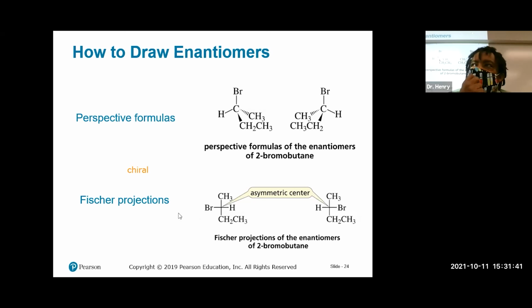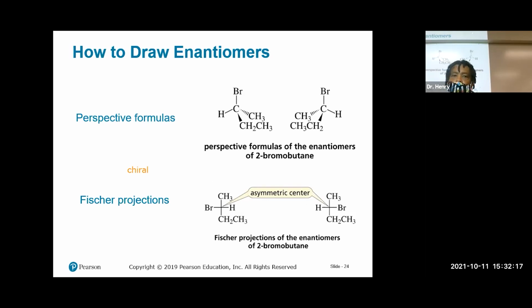Fischer projections, you're going to use the cross, and it just shows you the asymmetric center. That's going to be our carbon in the center, represented by that, and we have 4 different attachments. You can easily show, you have your methyl group up top, your ethyl group on the bottom, your bromine in this case to the left, and your hydrogen to the right, and then the other one will be just the opposite.